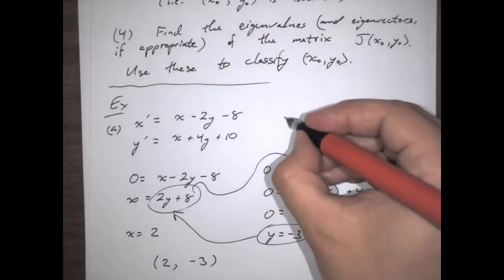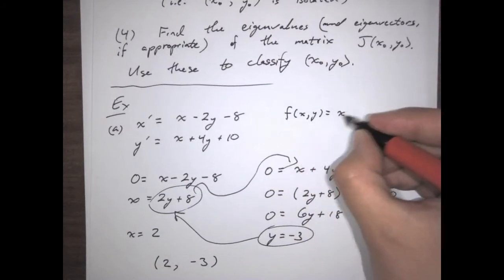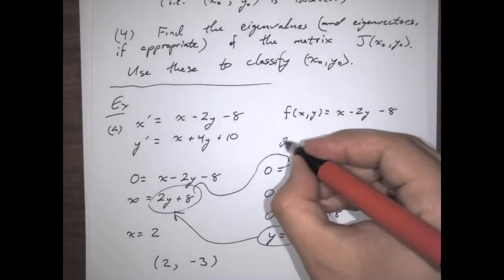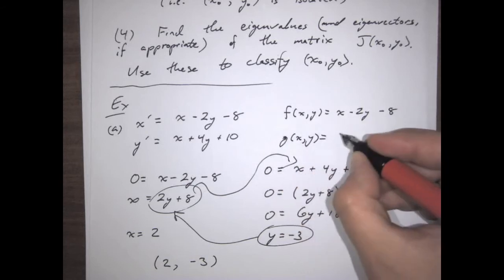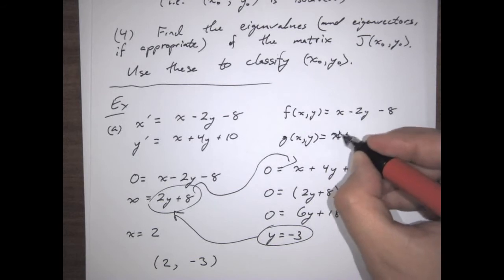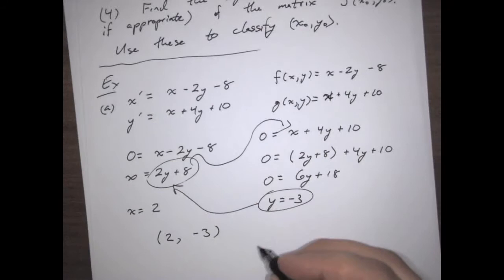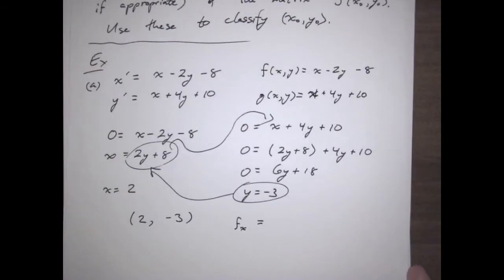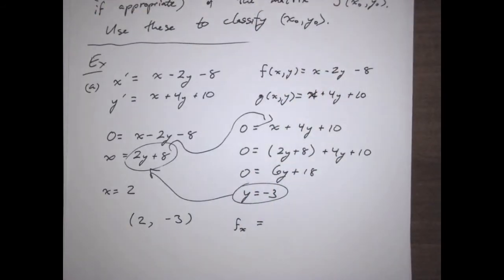Now, if f of x,y is equal to x minus 2y minus 8, and g of x,y is equal to 1 plus, x plus 4y plus 10, then the derivative of f with respect to x, so here you treat y the same way you would treat a number like pi, for example.